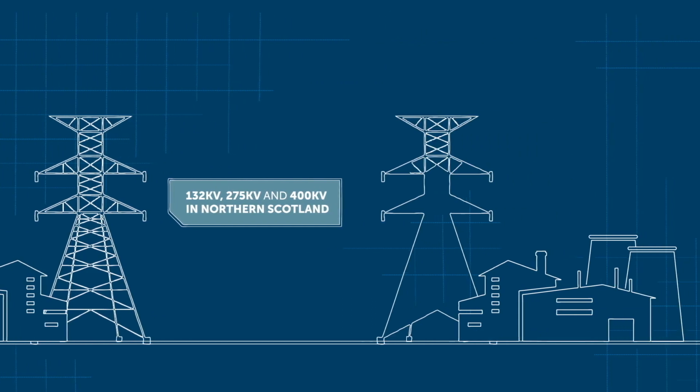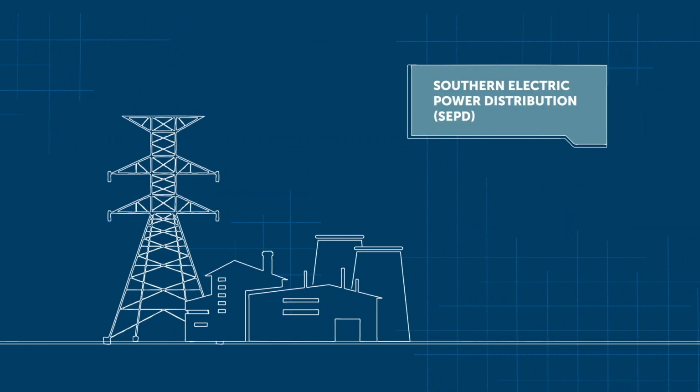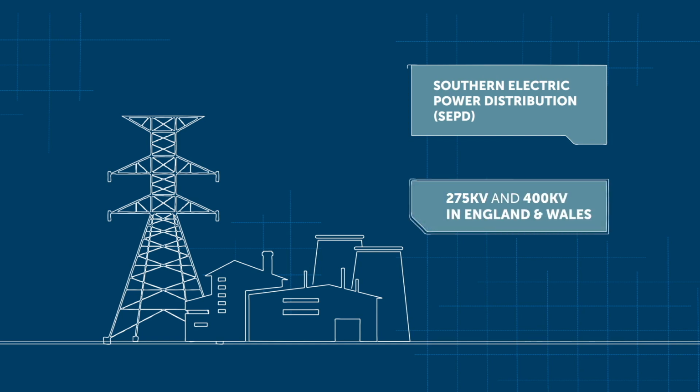The southern region of our distribution network area, Southern Electric Power Distribution, SEPD, is served by National Grid Electricity Transmission, NGET, who own, maintain and invest in the 275 kV and 400 kV network in England and Wales.